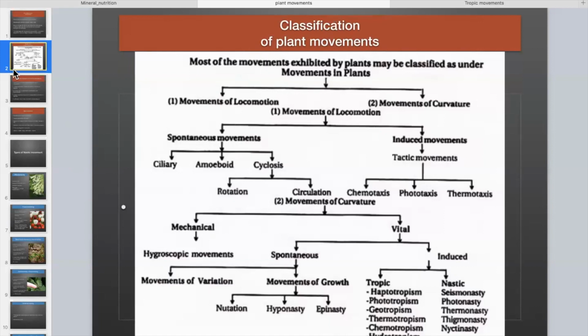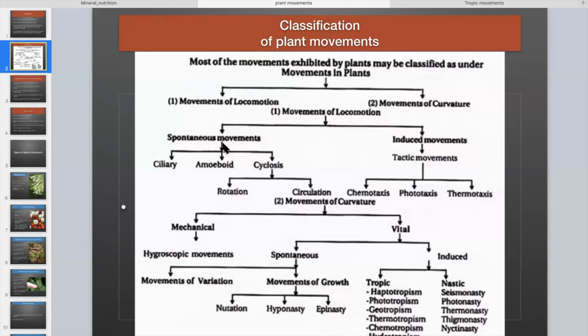Movements of locomotion are of two kinds: some are spontaneous movements and some are induced movements. Spontaneous movements are the movements which come from inside, from the organism itself, from the plant body itself.